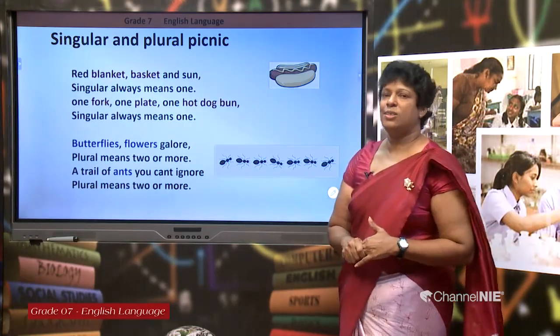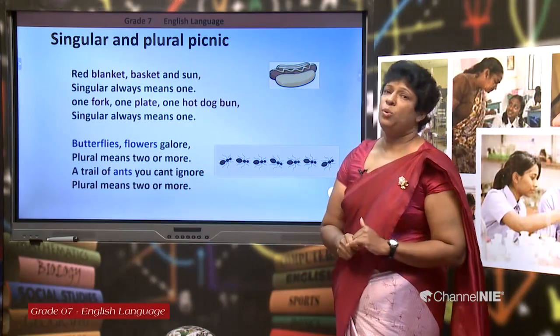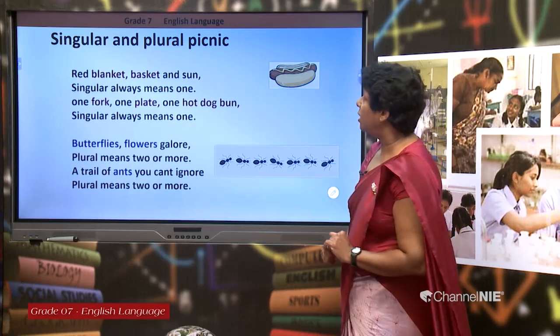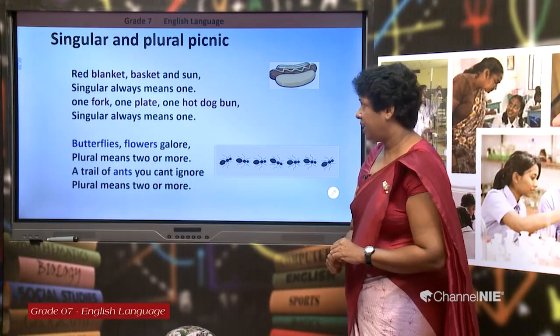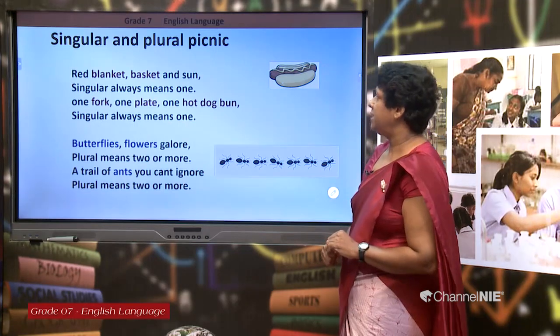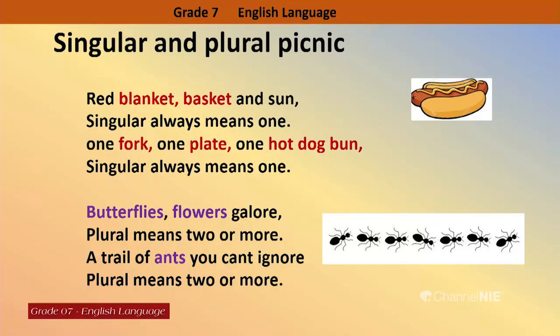Now there is a small poem for you to understand the meaning of singular and plural. Singular and plural, picnic. Red blanket, basket and sun. Singular always means one. One fork, one plate, one hot dog bun.